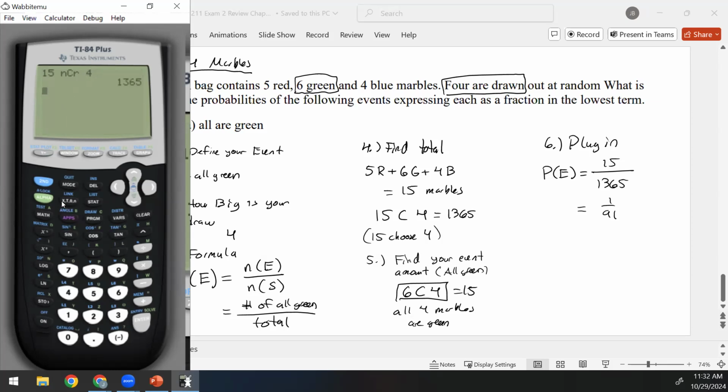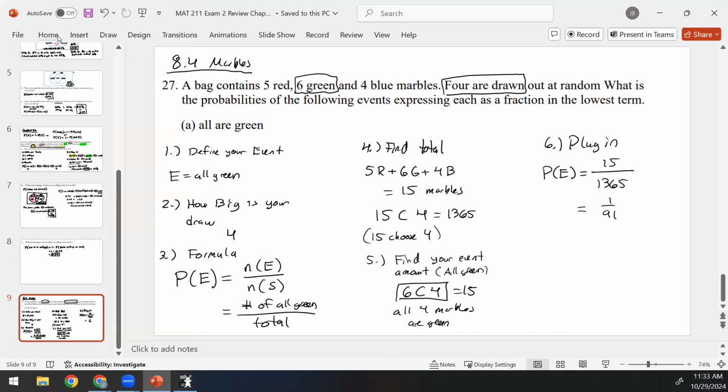For the other one, I have 6 green, math, PRB, nCr, 4. Then 15 divided by 1365, hit math, frac, and then 1/91. If you want to do the combination as a fraction, you can put parentheses around it, but I wouldn't recommend that. I would do them separately. Combinations are always nice numbers, so it's not worth the headache of doing them all in one shot. Just do it one at a time. All right, let's go to the next example.